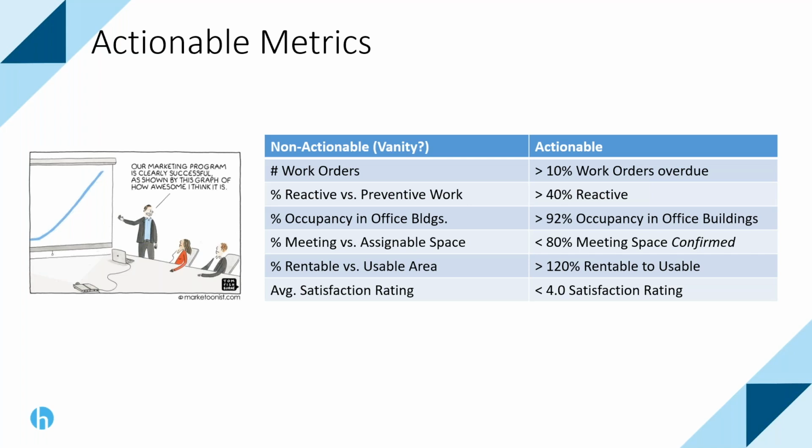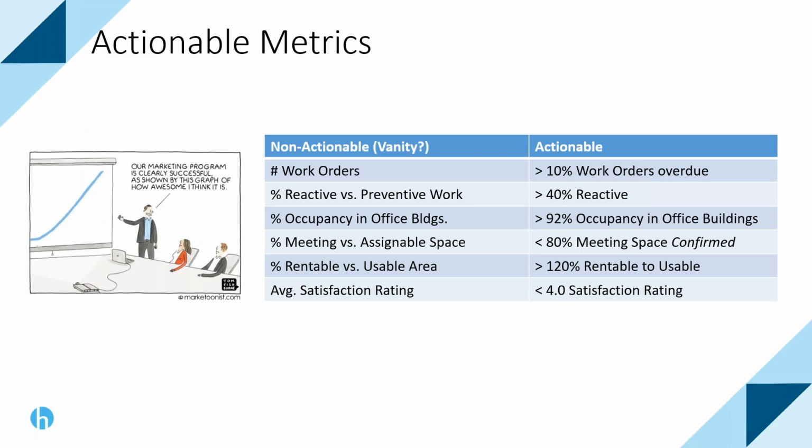Those will give you useful numbers to compare yourself against. But the question is, are they actionable? Does it tell you you've got to go do something? Although those kinds of vanity metrics are nice, they're good for presentations, and they may be good for tracking your progress, you might want to think about creating metrics that force an action on you to make things better.